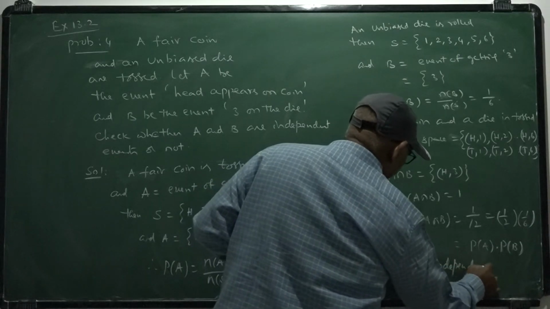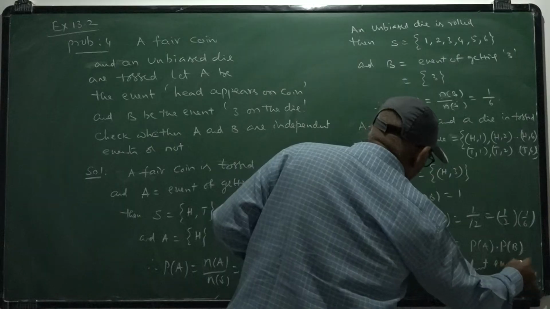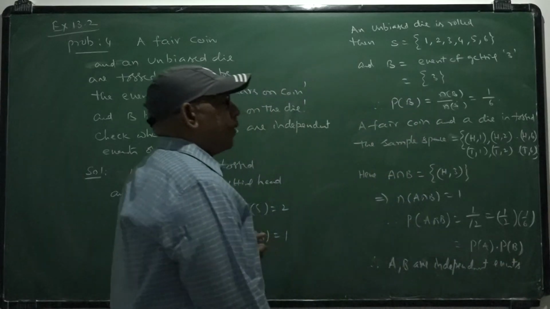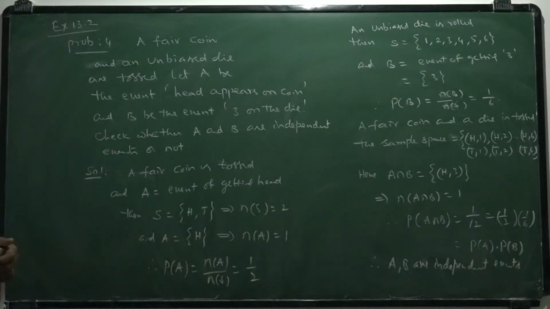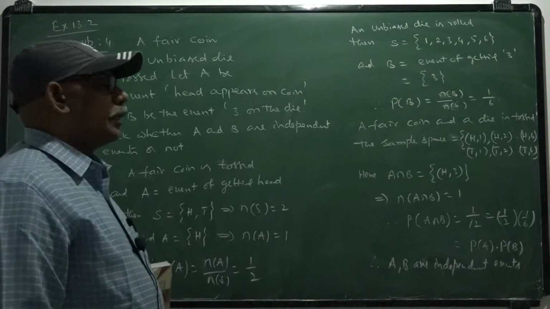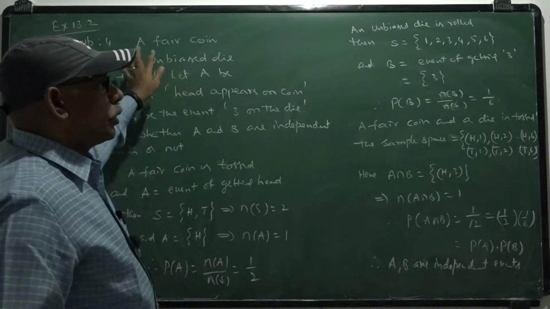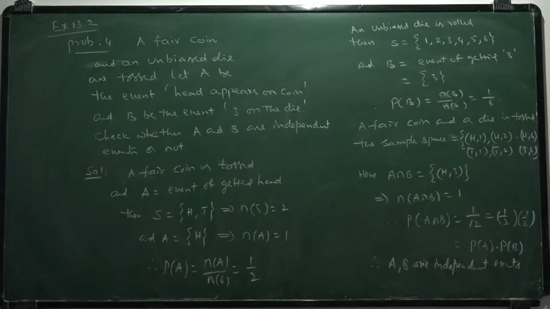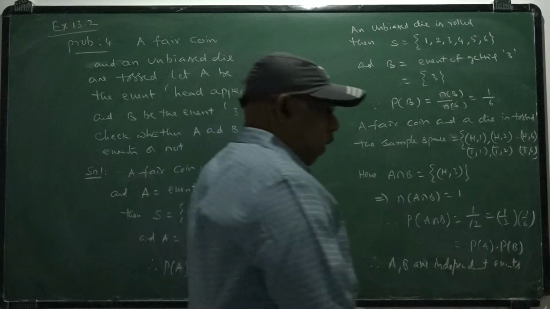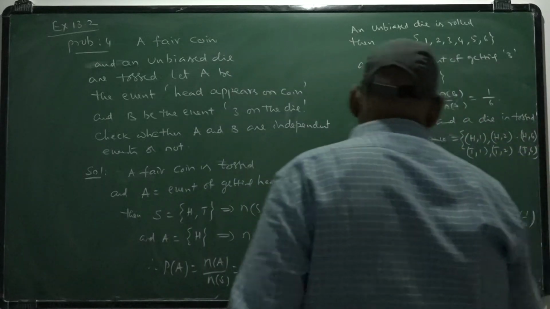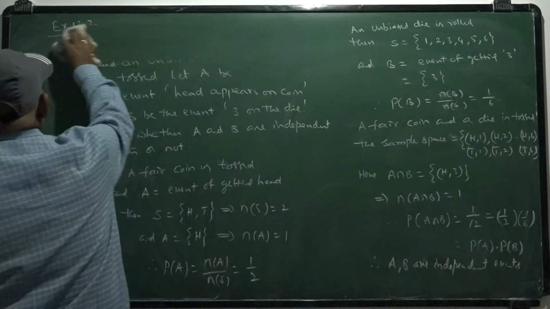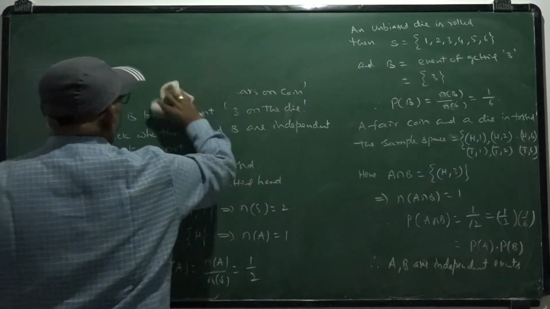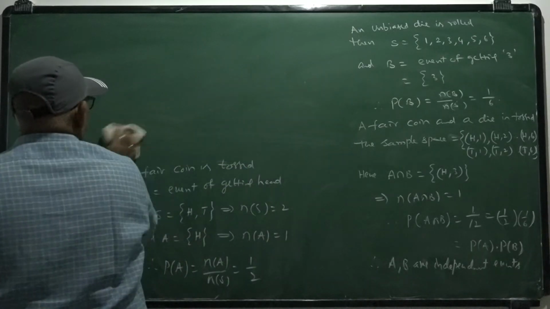They are independent events. Once the probability of A intersection B is P(A) into P(B), then A and B are independent events. If P of A intersection B is not equal to P(A) into P(B), then they are dependent.